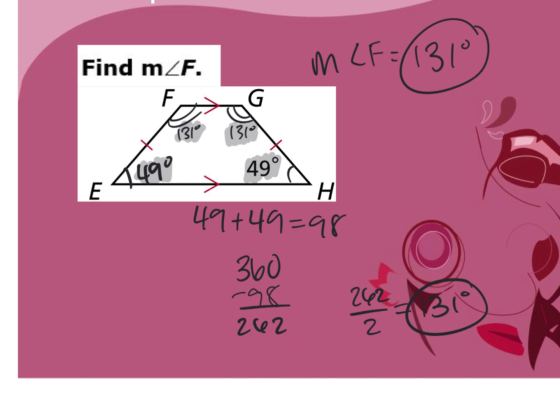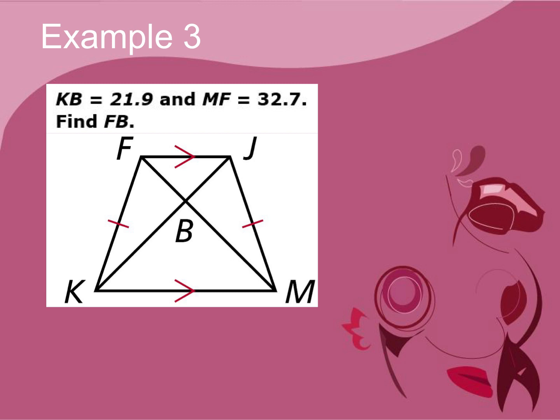All right. Next example, we have KB is 21.9. So we do 21.9 here. And we have MF is going to be 32.7. We need to find FB, which is this guy right here.